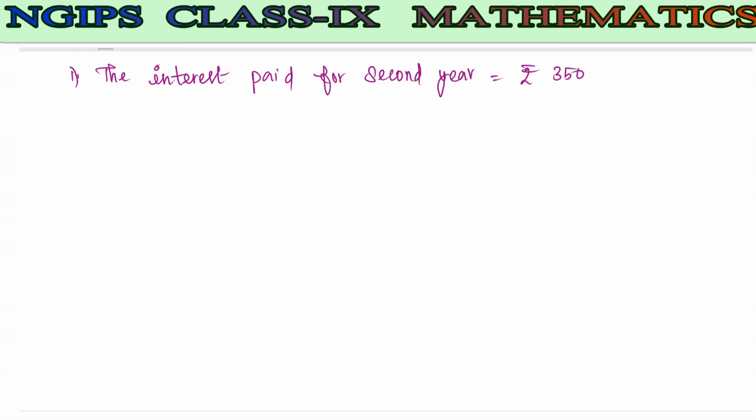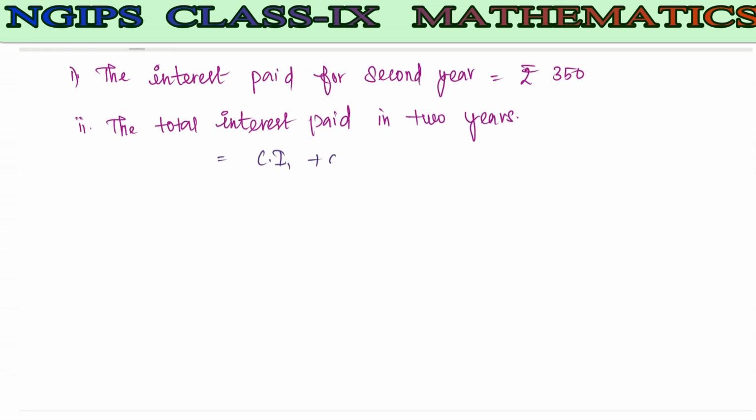Next, the second sub question, the total interest paid in 2 years is equal to first year compound interest plus second year compound interest. So the first year compound interest he paid is 560 plus second year it is 350. If we add both, 910, so 910 rupees. So this is the second sub question.